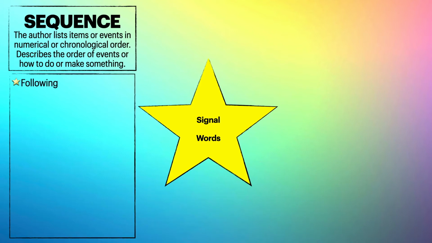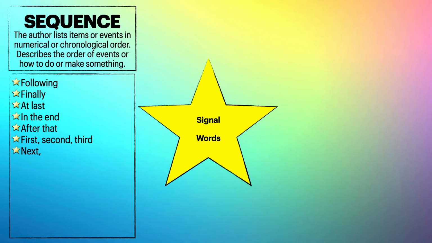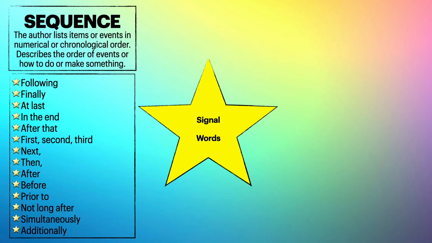These signal words are following, finally, at last, in the end, after that, first, second, third, next, then, after, before, prior to, not long after, simultaneously, and additionally. You also want to pay attention to the author's use of dates and time periods.